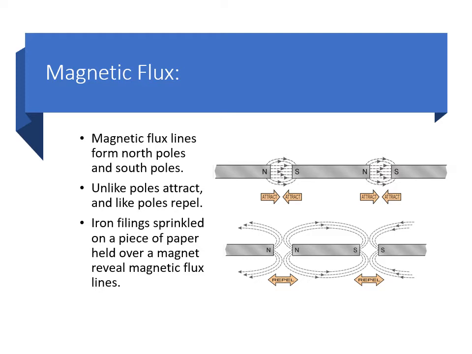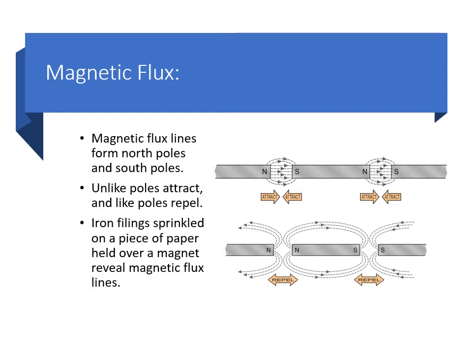Magnetic flux lines form north and south poles. And like most things in nature, dissimilar or unlike poles will attract. But like poles or similar poles will repel each other.